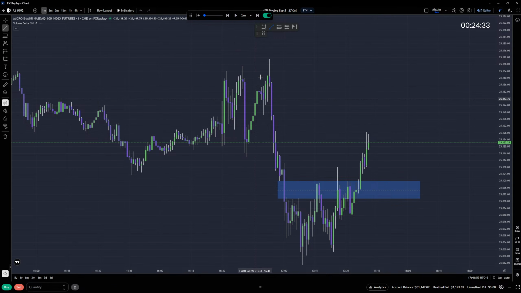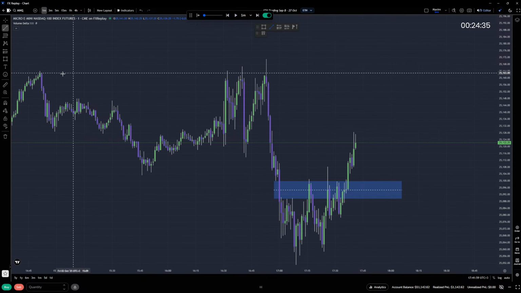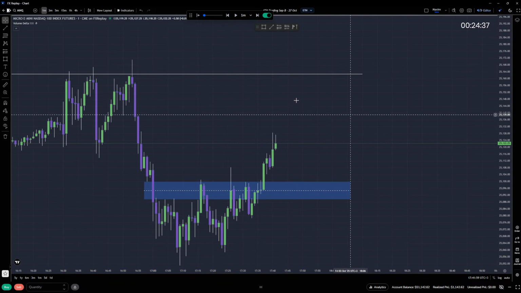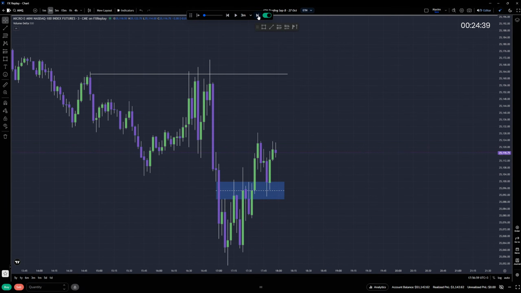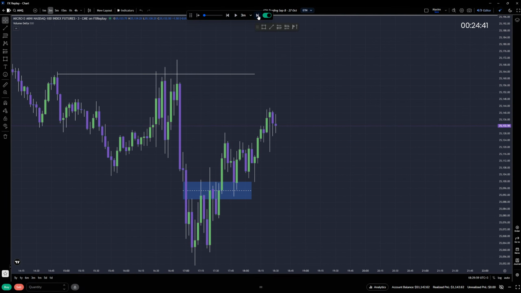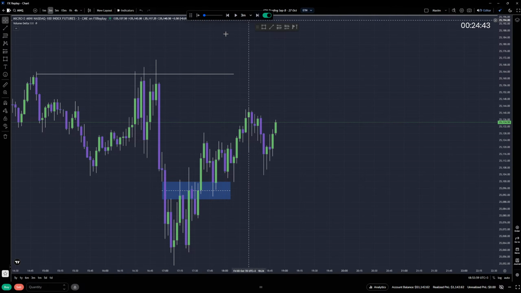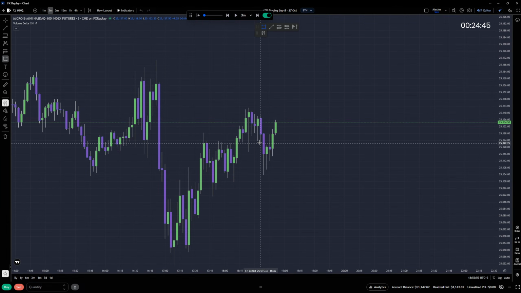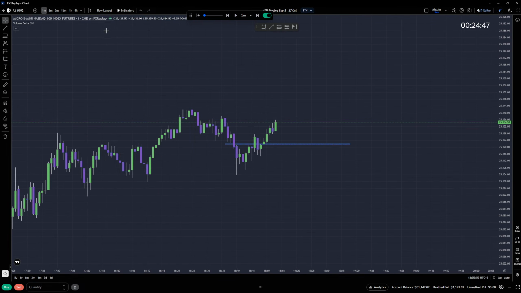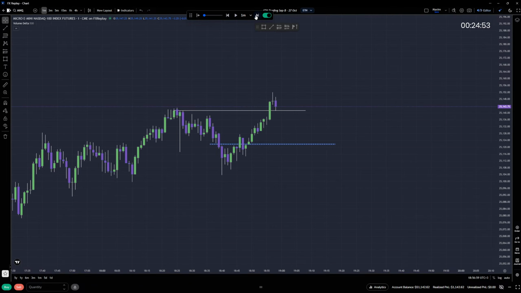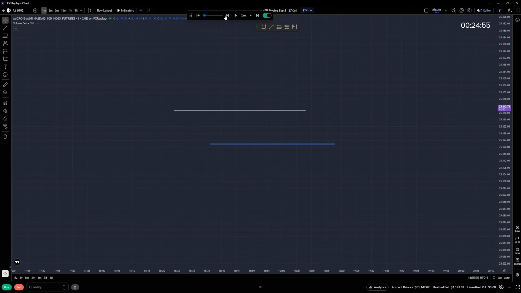Yeah, no interest except for that. Got the first eye here, and then the next eye here. Okay, we had a pretty nice close here.